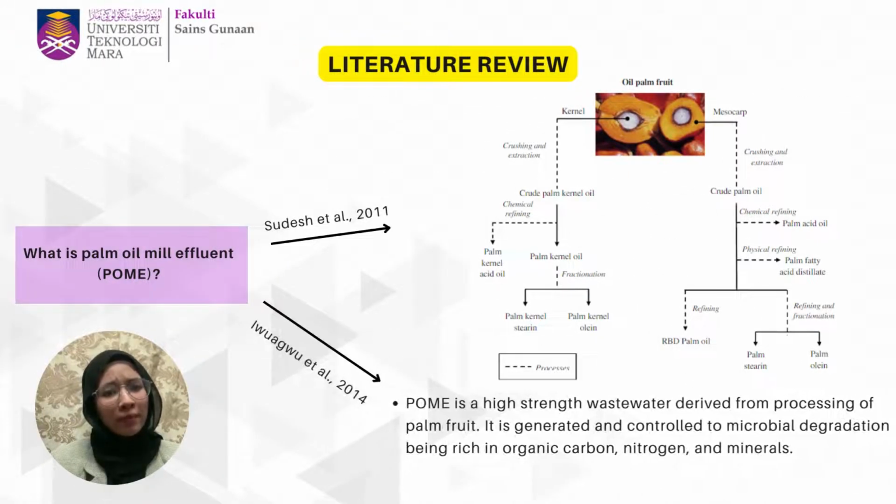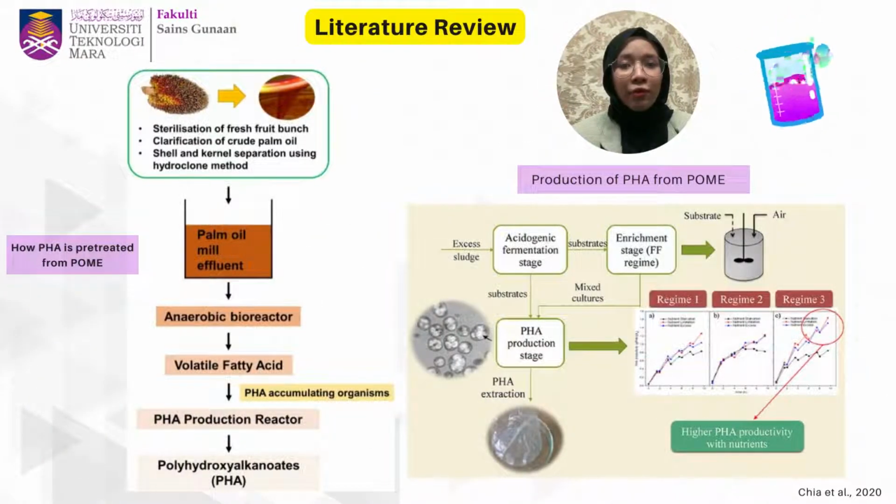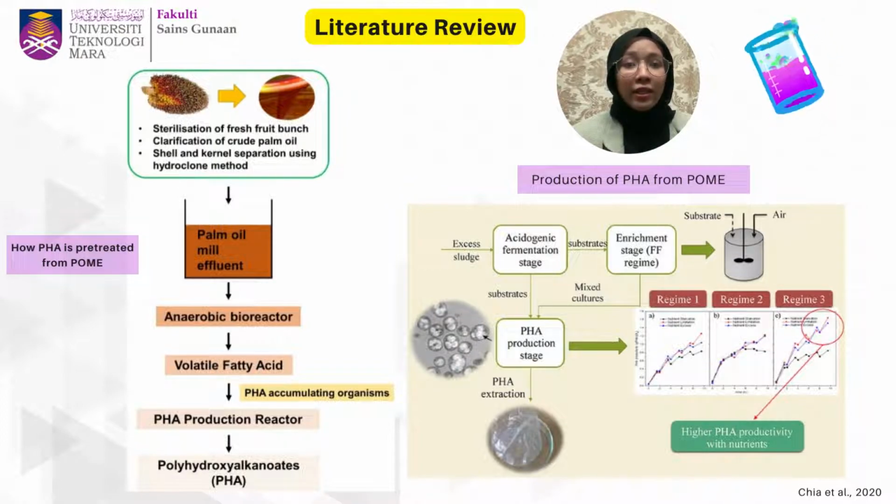What is POME? Well, POME is generated during the palm oil extraction process and is abundantly available. It is a great potential source for biomethane production and is controlled by microbial degradation, and it is rich in organic carbon, nitrogen, and minerals. This flowchart shows palm oil mill effluent being pre-treated by an anaerobic bioreactor to produce volatile fatty acids.